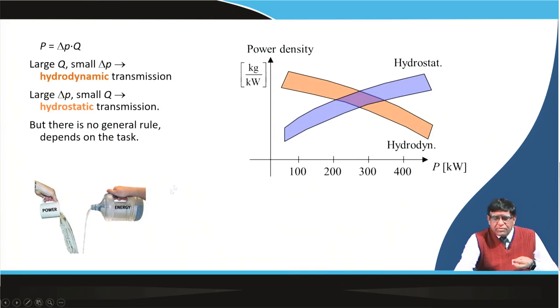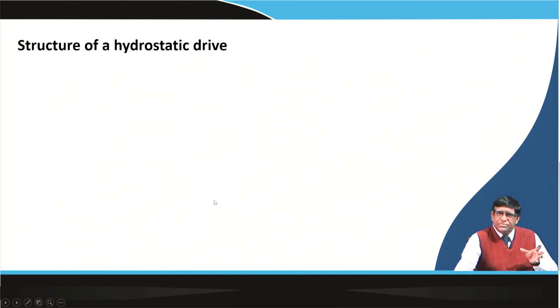And you can see here the power density in the case of hydrostatic is less than 300 kilowatt, a lower power density. This is how you can see the differences between these two systems.